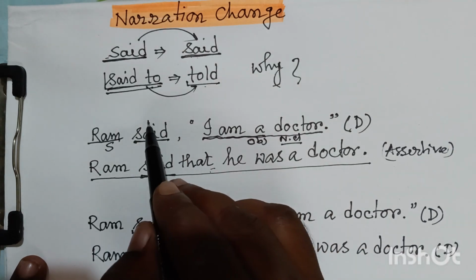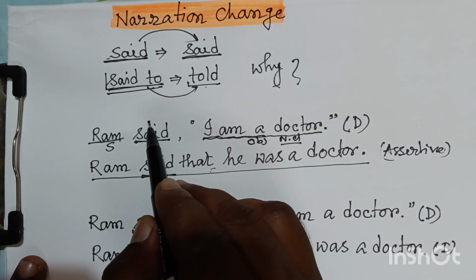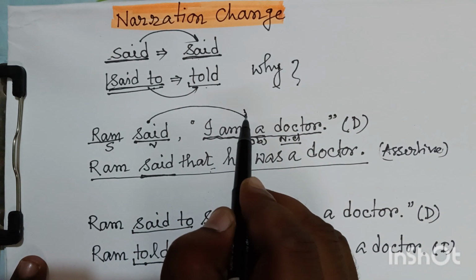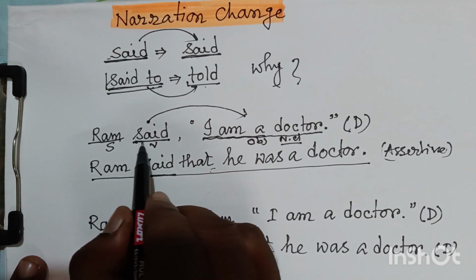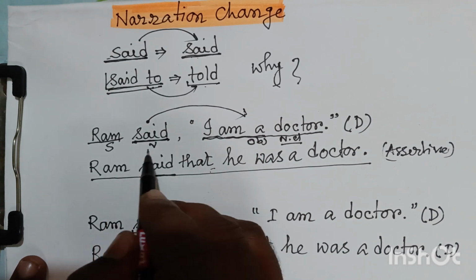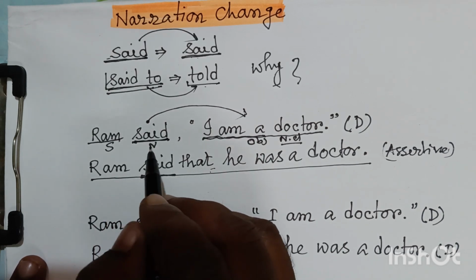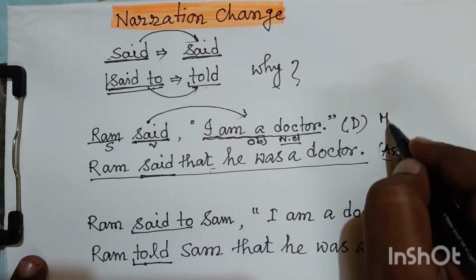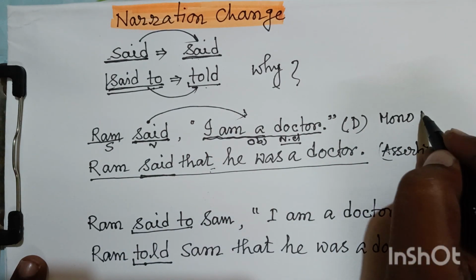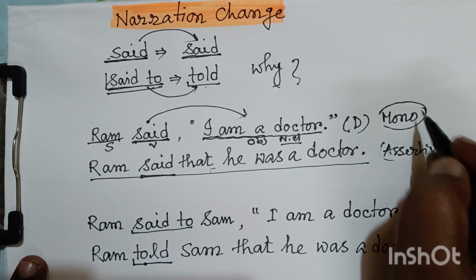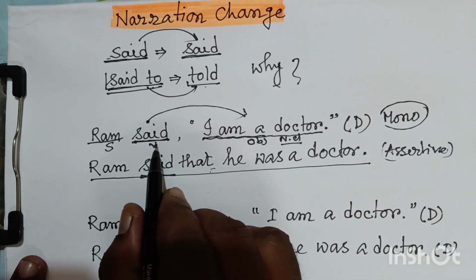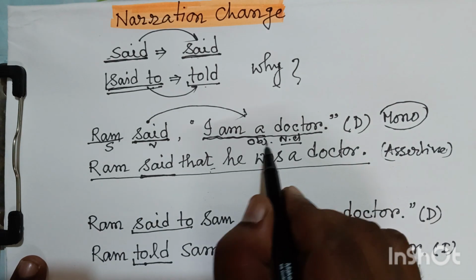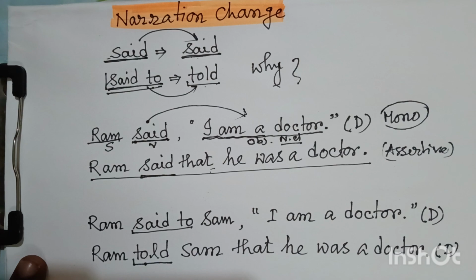So my dear friends, the verb said has one object. So it's a monotransitive verb. The verb said is a monotransitive verb. That means we have to use only one object with it and we have done the same thing.